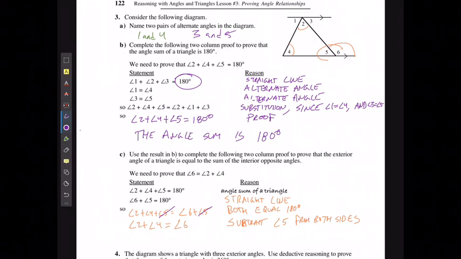Which means that the exterior angle of a triangle equals the sum of the interior opposite angles.